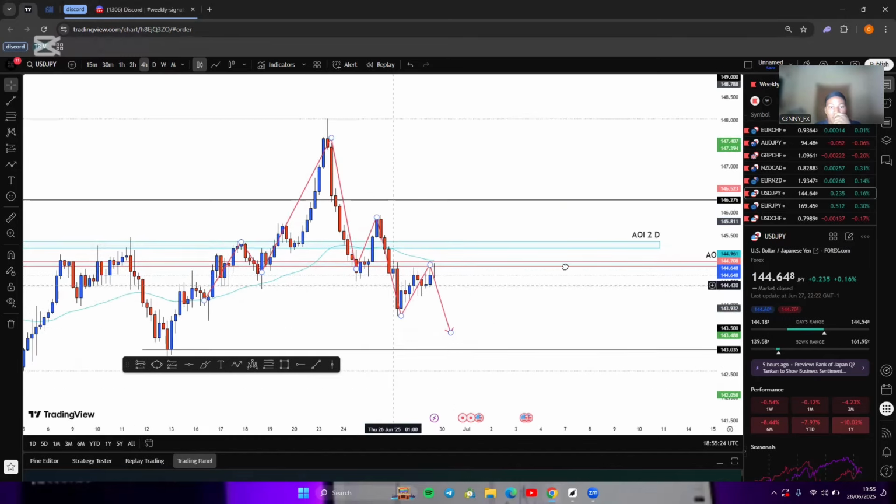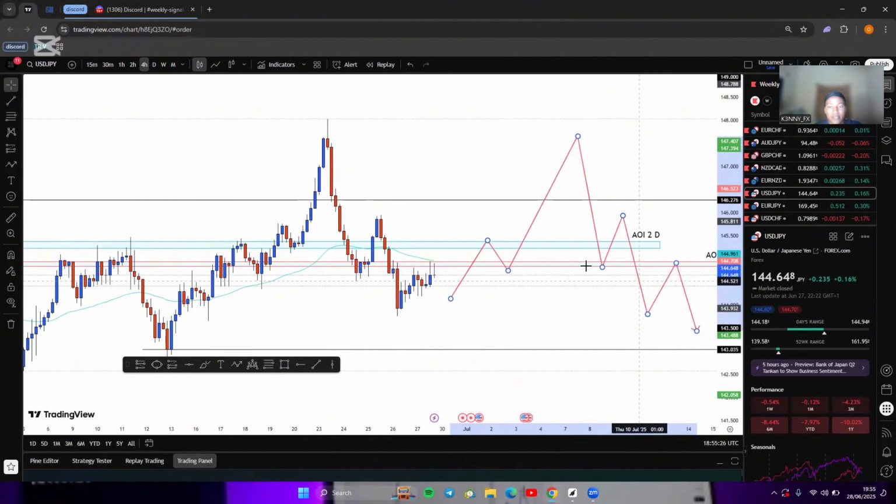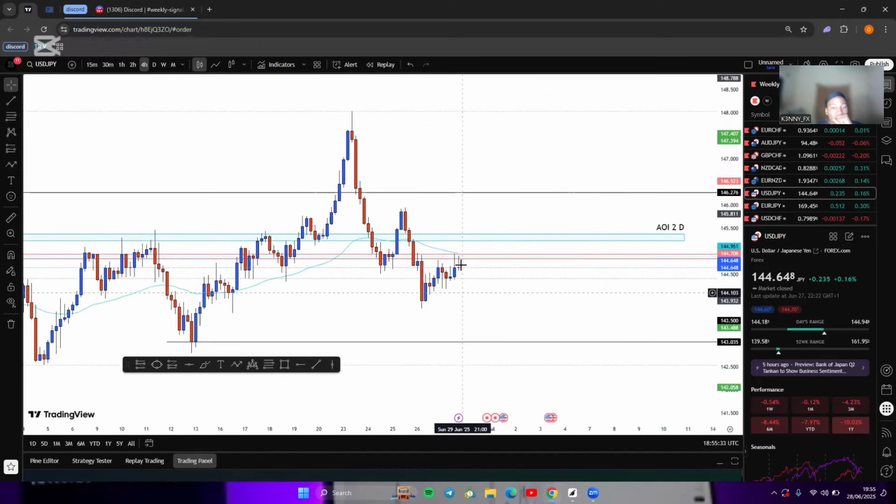This is the head and shoulders I'm seeing on the 4 hour time frame. What I'm waiting for is a rejection, but remember it has to be in our session. Session starts from 6 a.m. GMT. That's what I'm waiting for.